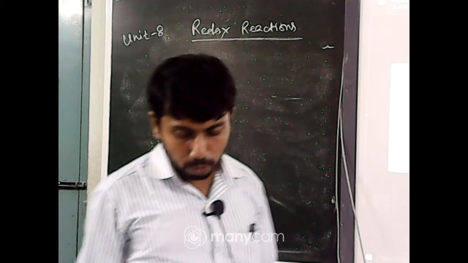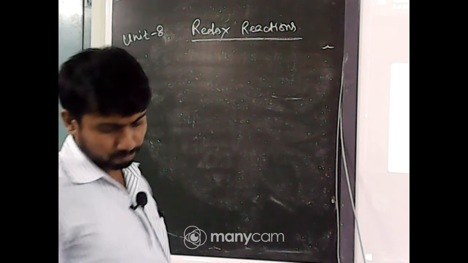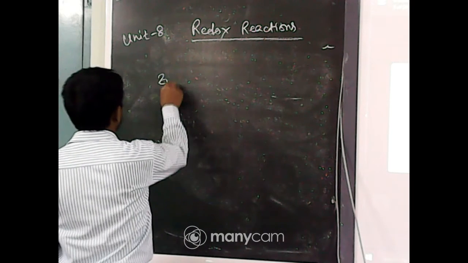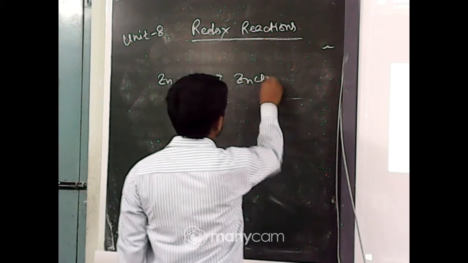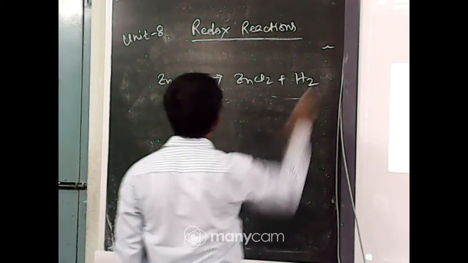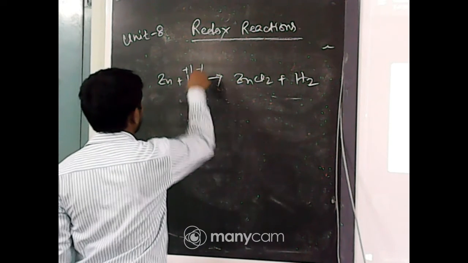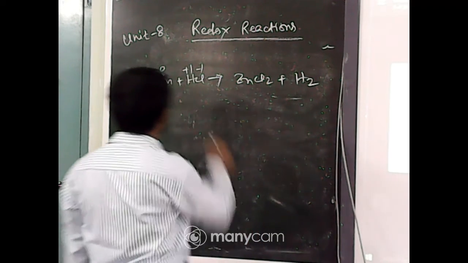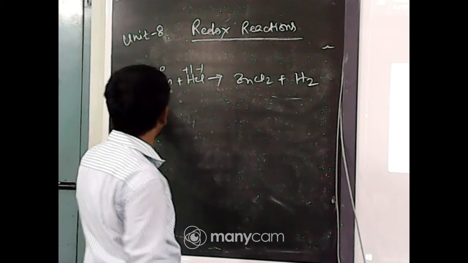We can also prove it by a further example, Zn plus HCl forming ZnCl2 plus H2. Here hydrogen is in +1 oxidation state, chlorine is -1, zinc is 0, because I have told that in the free state any metal or element has an oxidation state equal to 0.